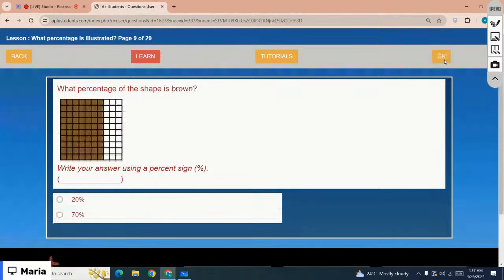What percentage of the shape is brown? 70% it is.